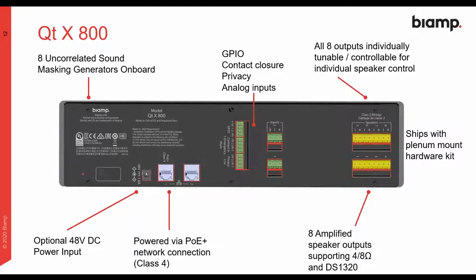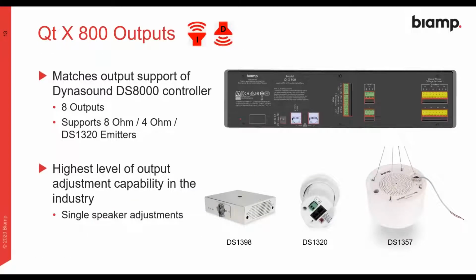Each one of those is individually tunable as an output, but then they can be grouped as needed within the zoning. You could zone those all together as one zone. You could split it across those in any way that you needed to. You could split them as 8 individual zones if you wanted to, depending on the application that you needed to control there. As I said, this matches what we're looking at in the DS8000, same kind of support, but then more functionality with the amount of things that you can do with source routing to it and shared sources from other devices upstream or at a head-end location.